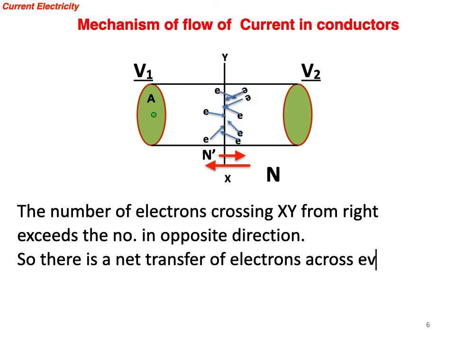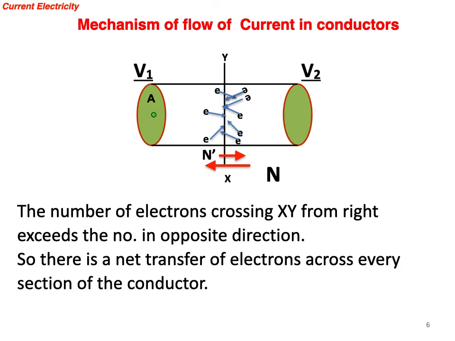As a result, there is a net transfer of electrons across every section of the conductor. See the diagram, you have larger number of electrons crossing from right as compared to the electrons crossing from left.